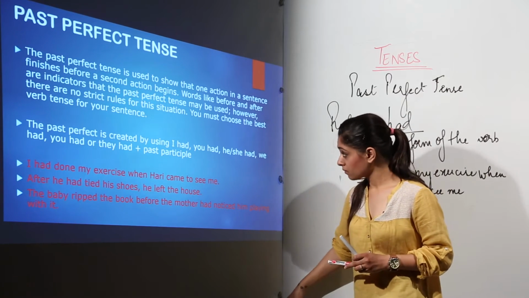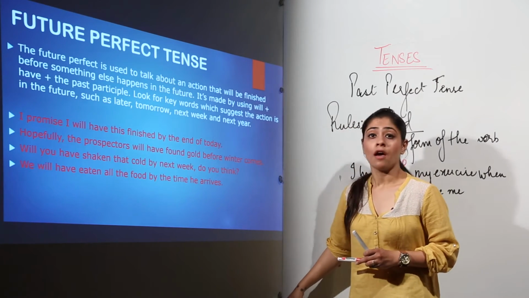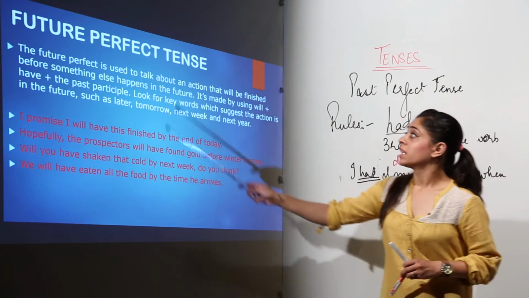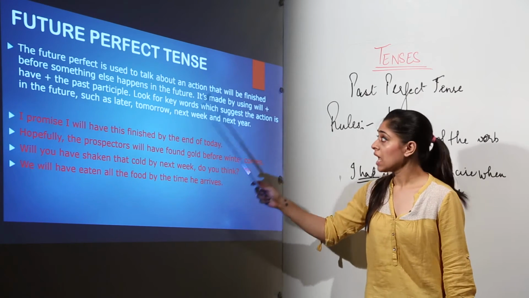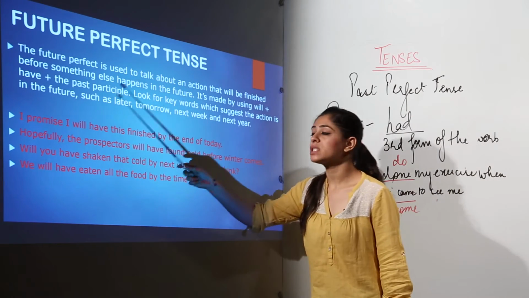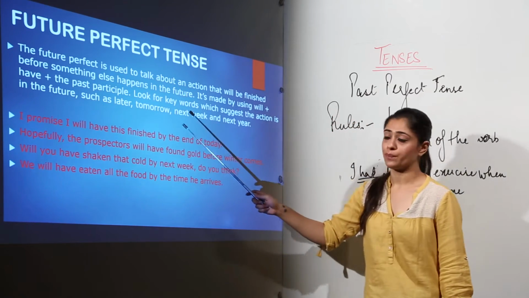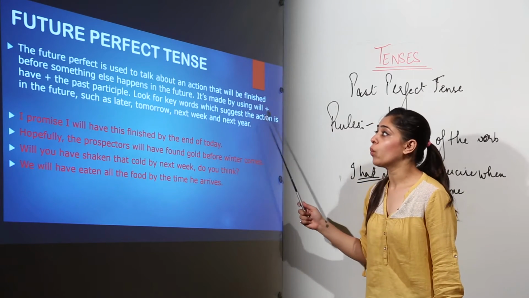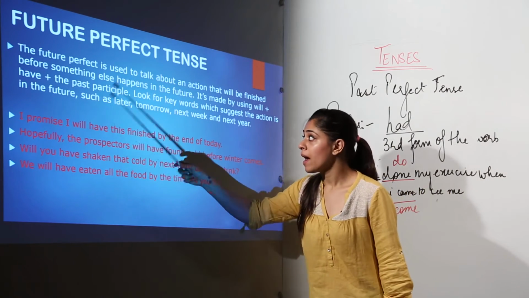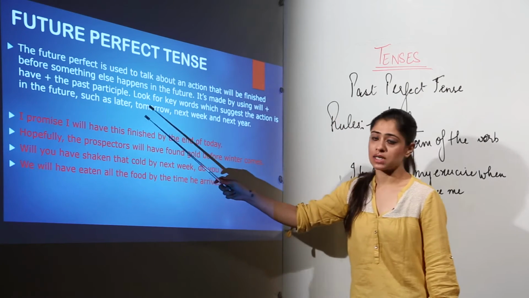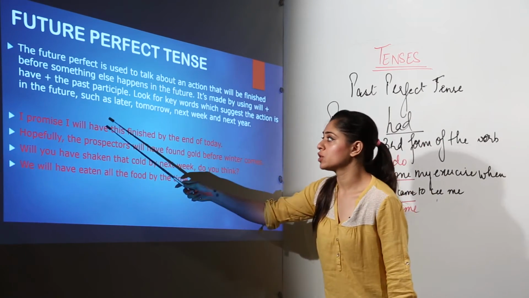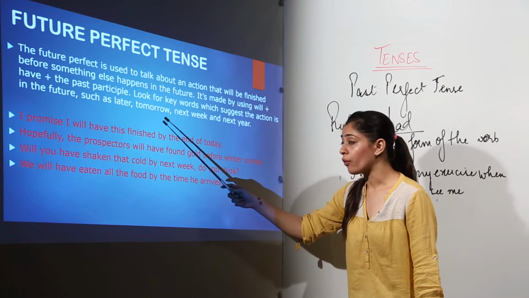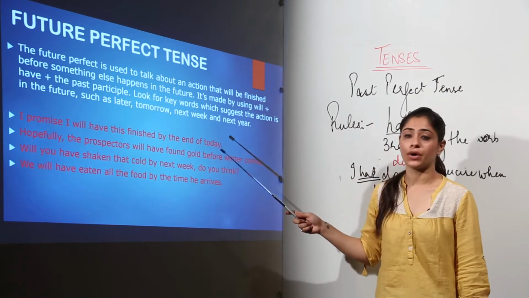Future perfect tense. The future perfect is used to talk about an action that will be finished before something else happens in the future. It is made by using will plus have plus the past participle. Look for keywords which suggest the action in the future, such as later, tomorrow, next week and next year.